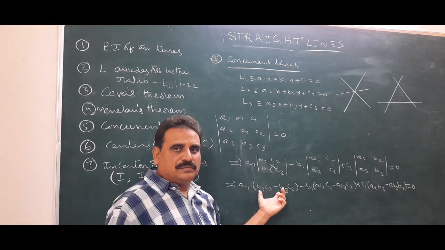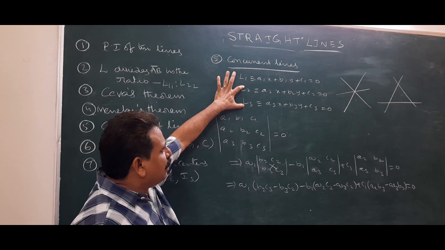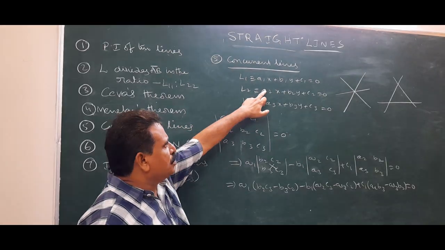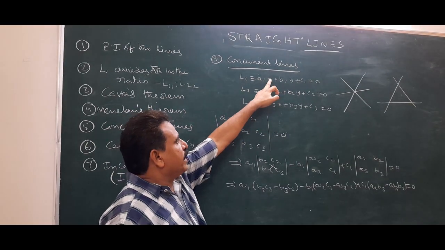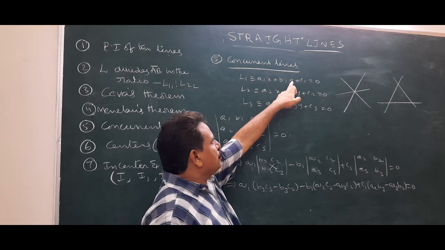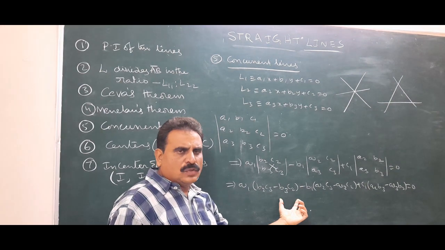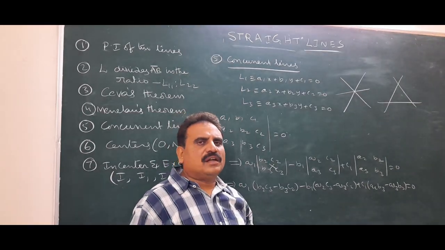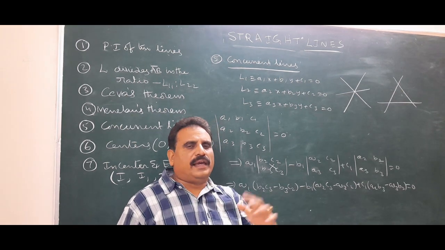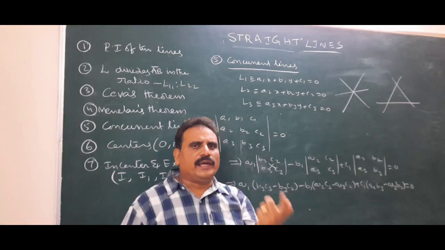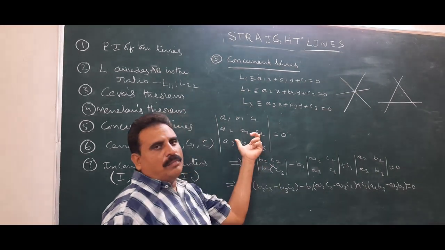In another method, find the point of intersection of L2 and L3. If that point of intersection is (alpha, beta), that point satisfies the line L1, so substitute alpha and beta instead of x and y, and we get this condition. So in problems, if three lines are given with one unknown quantity k, which may be in the x coefficient, y coefficient or constant, we can use this formula.